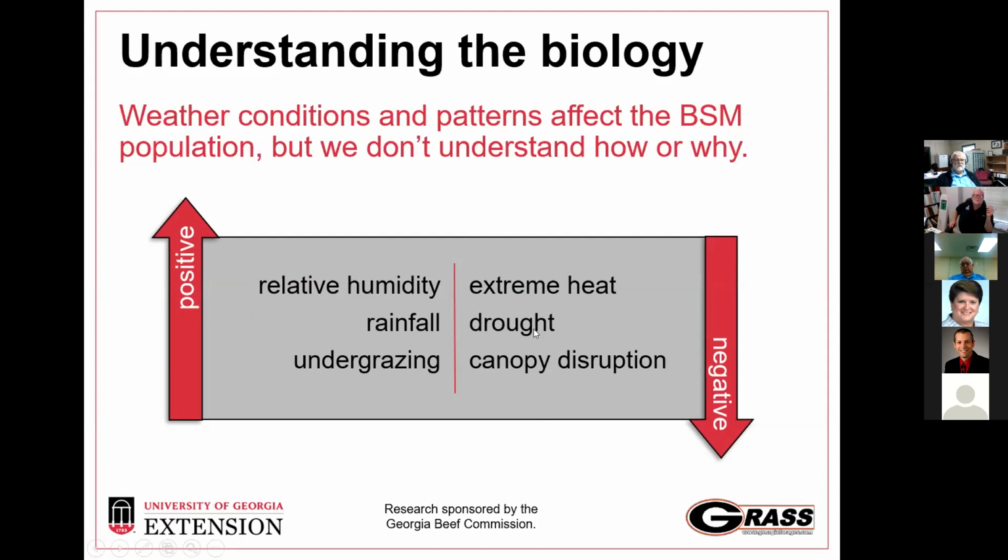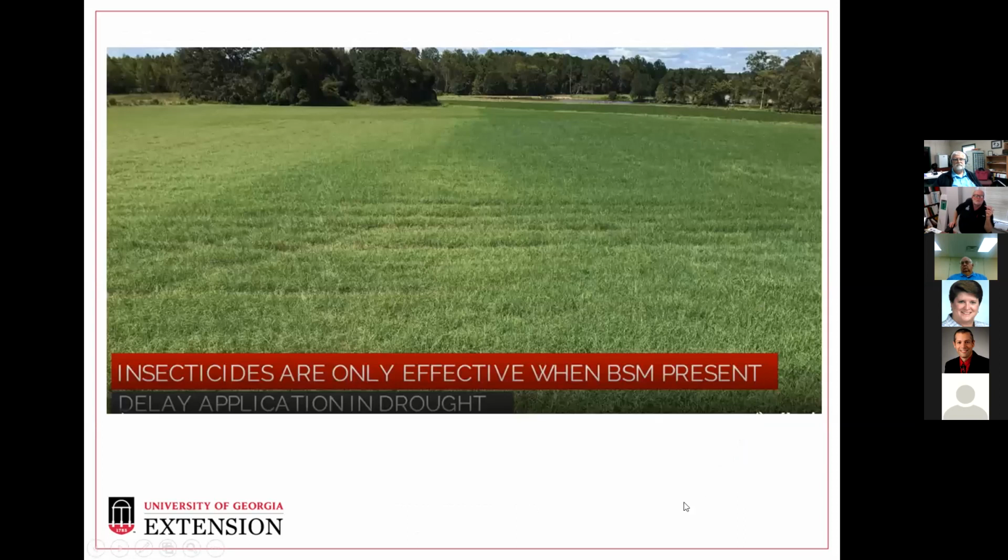And so remember, in the flash drought we had recently, they modified their recommendations about timing of insecticide application and said, actually, wait until you see evidence of the presence of the fly before you make that application of insecticide.